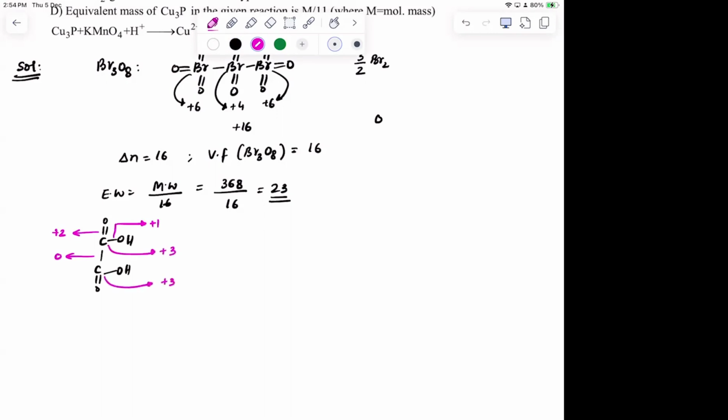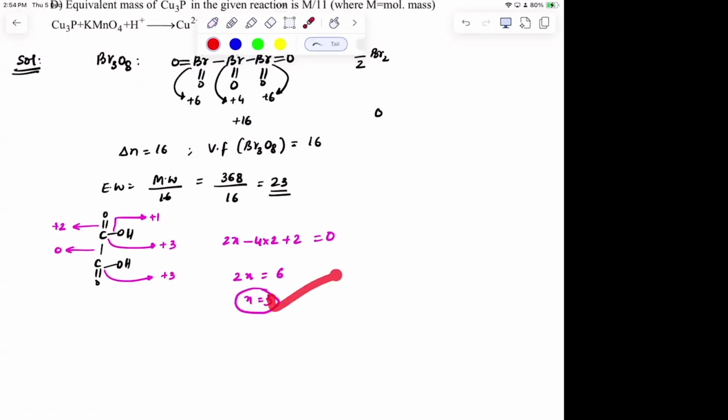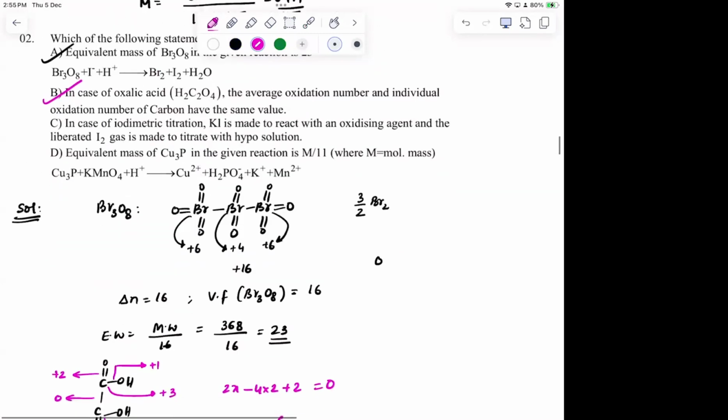This is plus 3, the oxidation state. Oxidation number means average. How do we calculate? 2x minus 4, how many oxygens do we have? 4 oxygens. So minus 4 into 2 plus 2 equals 0. So 2x is equal to 6 and x is equal to 3. So you can see the oxidation number as well as the oxidation state are the same, and that is what the question asked. So in this case, this is also correct.